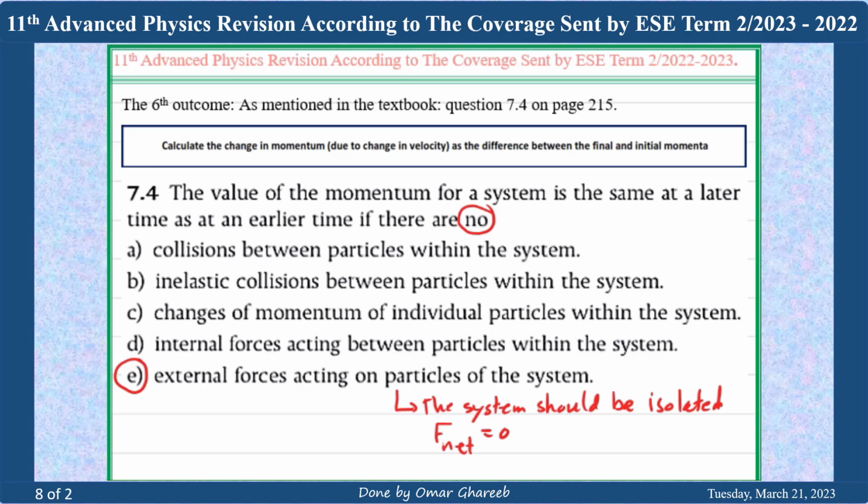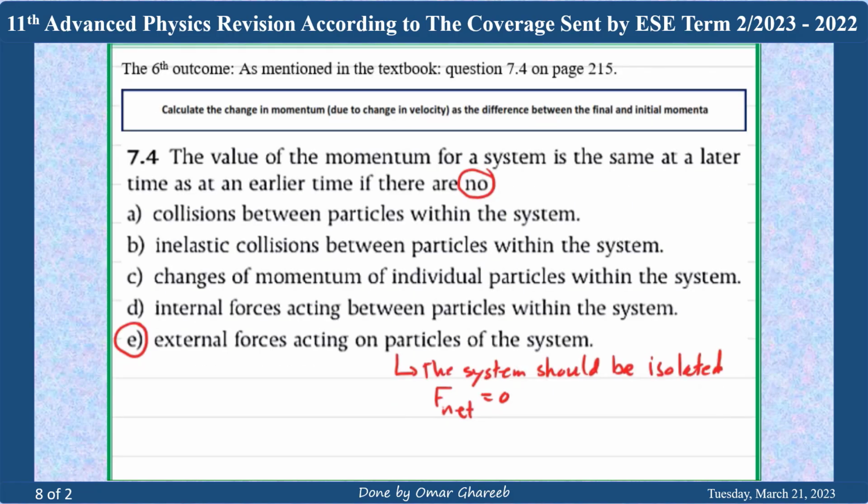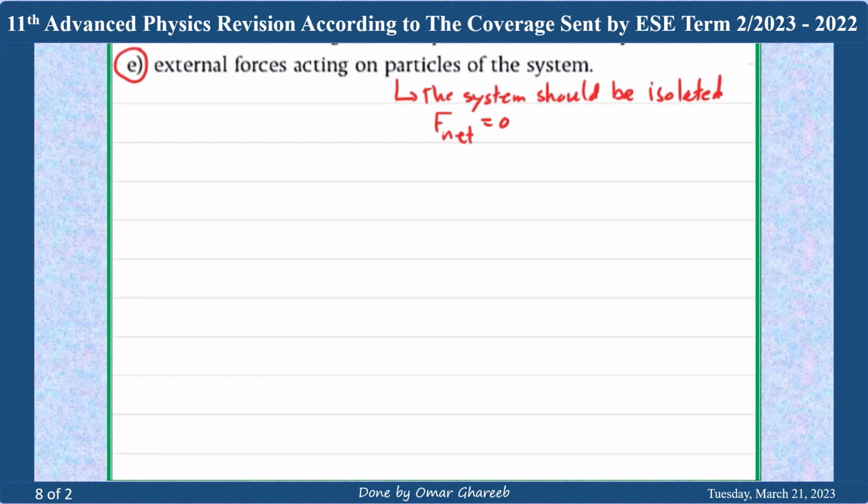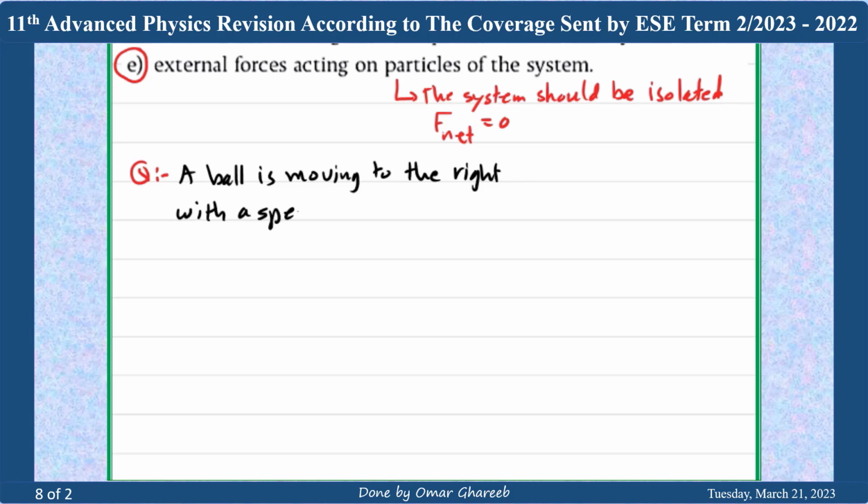Now, you know that this is not a calculation. The outcome suggests to calculate the change in the momentum. Now let us put some question here to satisfy the outcome. A ball is moving to the right with a speed of 5 meters per second.